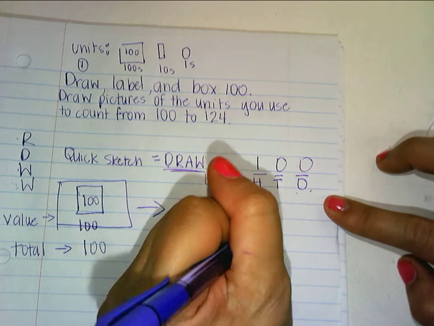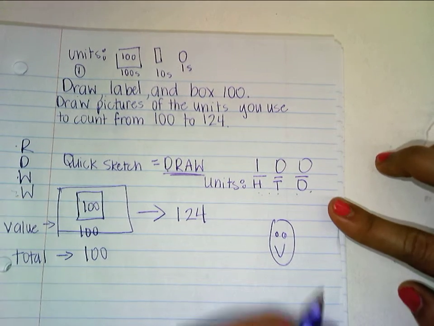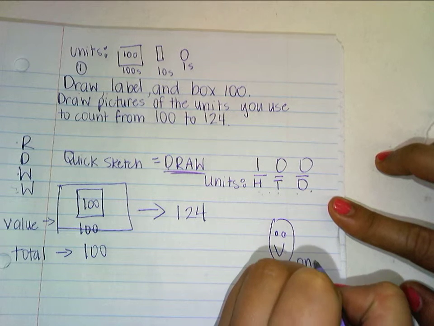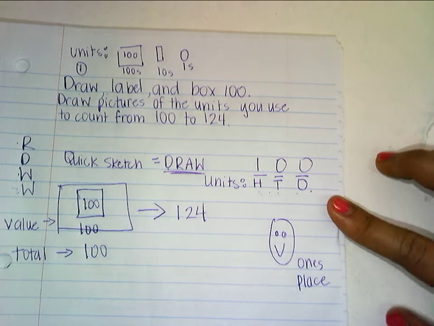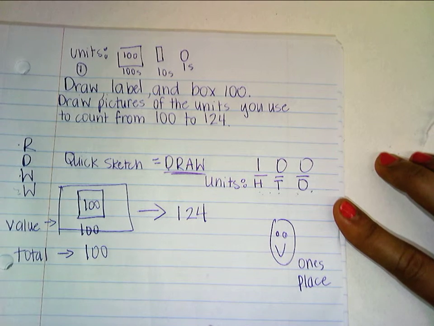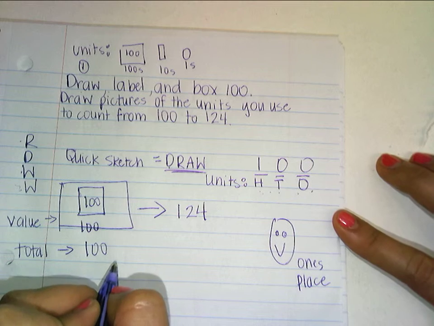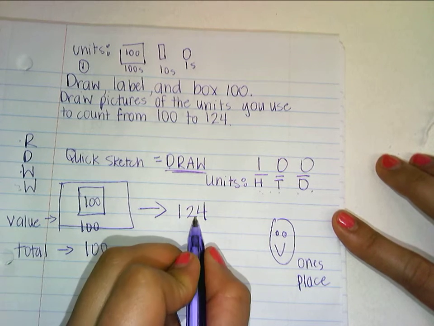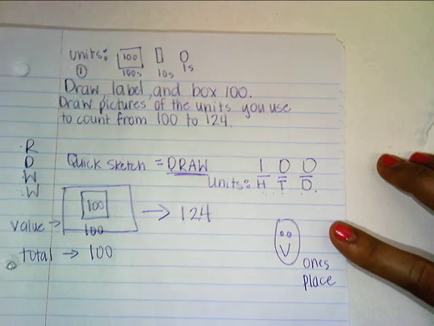Remember, my happy benchmark number has a 0 in the ones place. And you can draw a happy face, okay? Right now, I'm at my happy benchmark number because I have a 0 in the ones place, okay? So now I'm going to count on to get to 124. Since I'm at that happy benchmark number, I can start counting by tens.